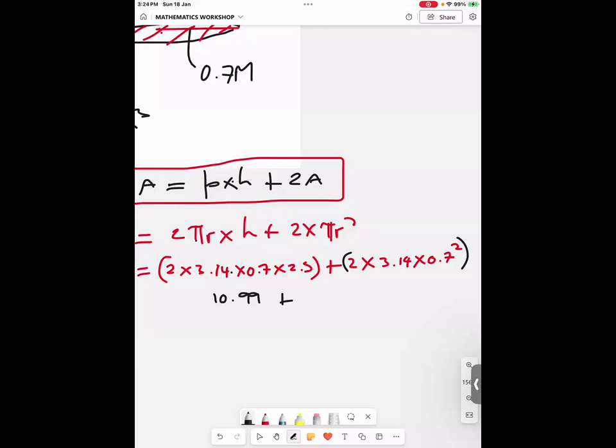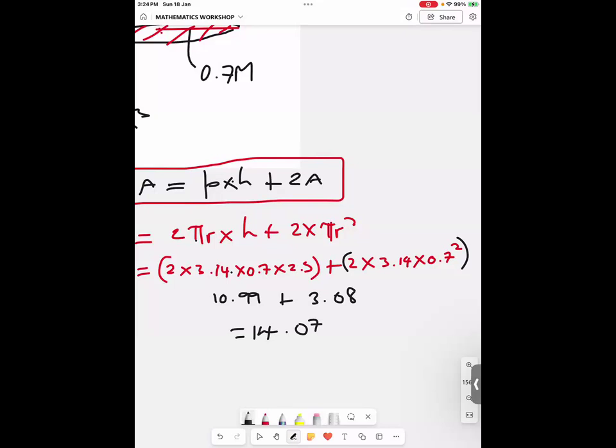I'm getting 3.08. Can somebody confirm that? Sir, it's correct.